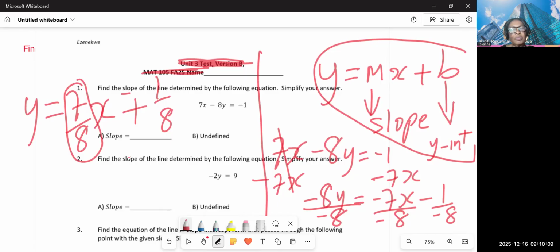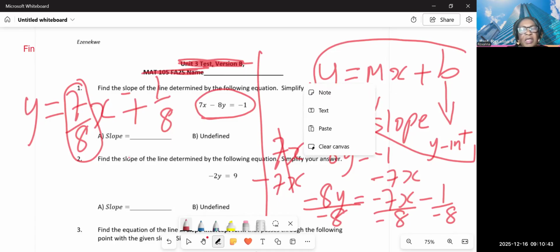Find the slope of this line. First of all, the equation is in standard form, and I have to solve the equation to be in slope-intercept form so that I can find the slope. So if the equation is in standard form like this, convert the equation to slope-intercept form, then find the coefficient of x.